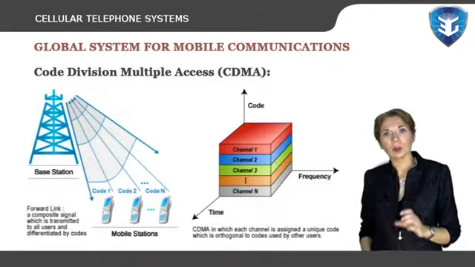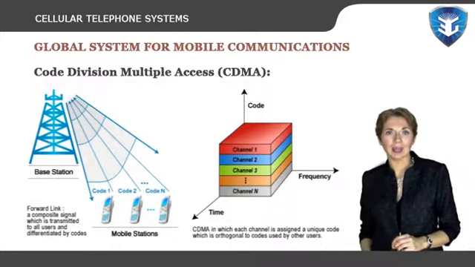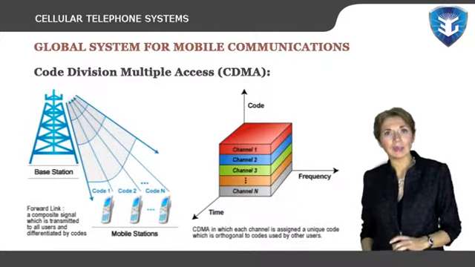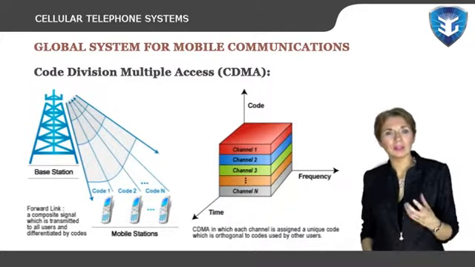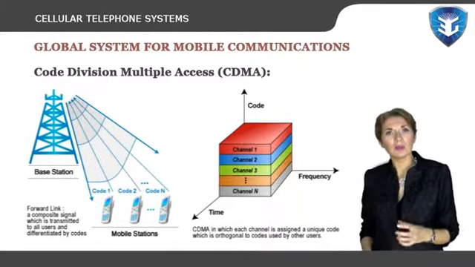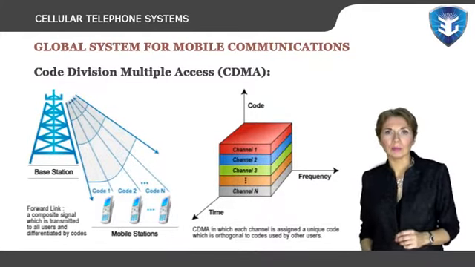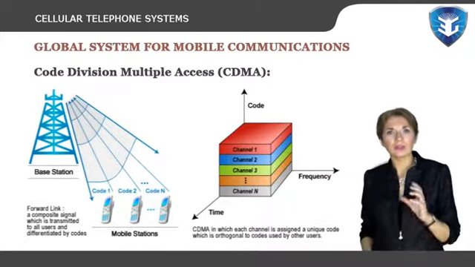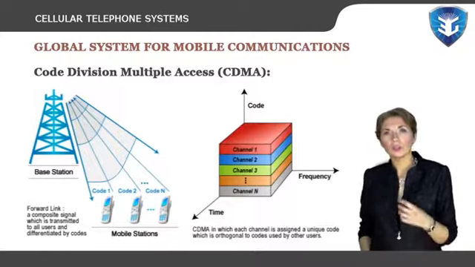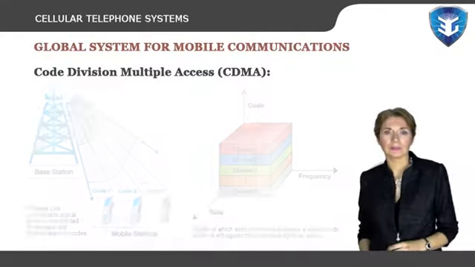Code Division Multiple Access, or CDMA. D-AMPS and GSM are fairly conventional systems. They both use FDM and TDM to divide the spectrum into channels and the channels into time slots. However, there is a third kid on the block, CDMA, Code Division Multiple Access, which works completely differently.